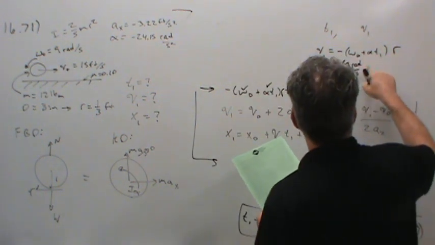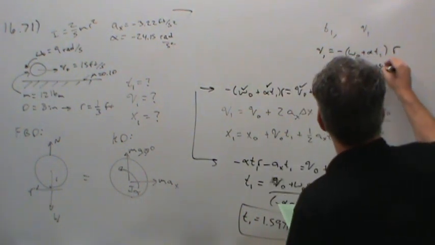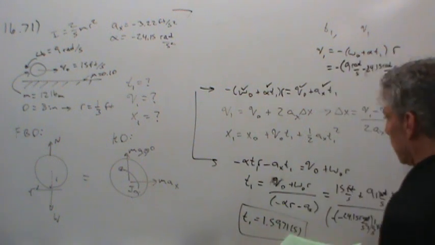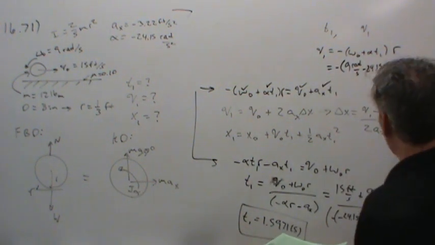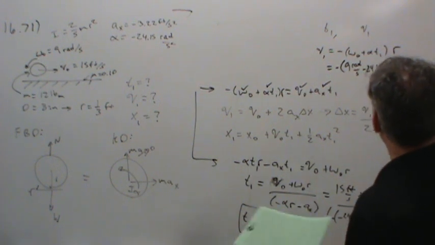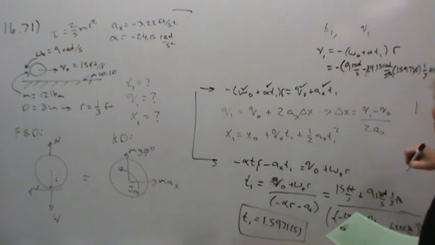Well, alpha is a negative thing, so let's write minus 24.15 radians per second squared times 1.5971 seconds, that'll take care of that. We need to multiply this by r, so 1/3 of a foot.